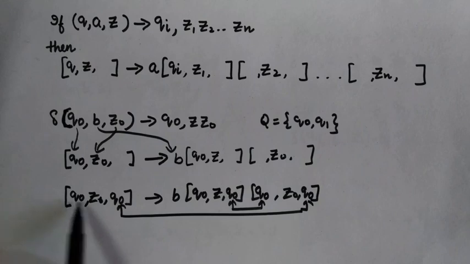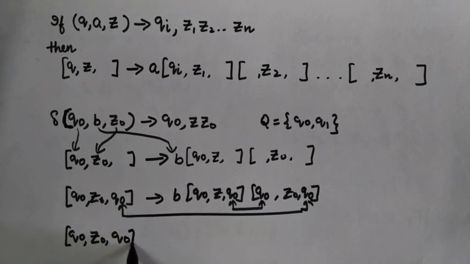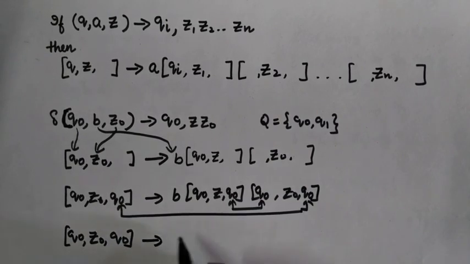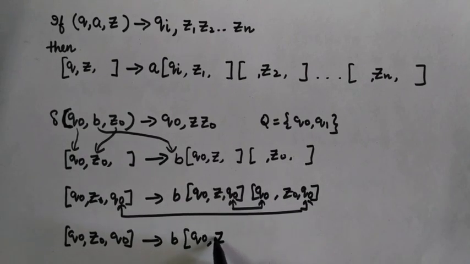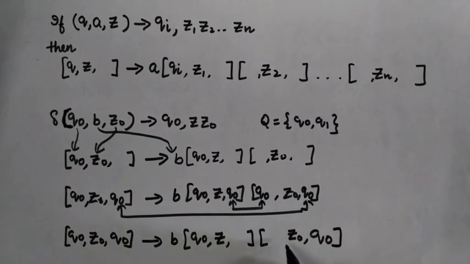So the first production rule will be this, then the second production rule will be Q0 Z0 Q0. We will keep this Q0 Z Z0 Q0.